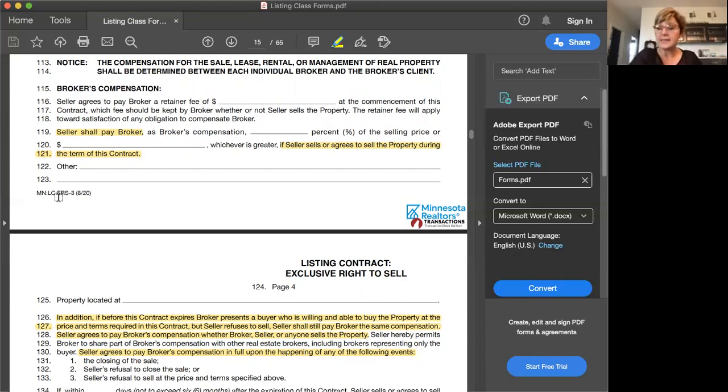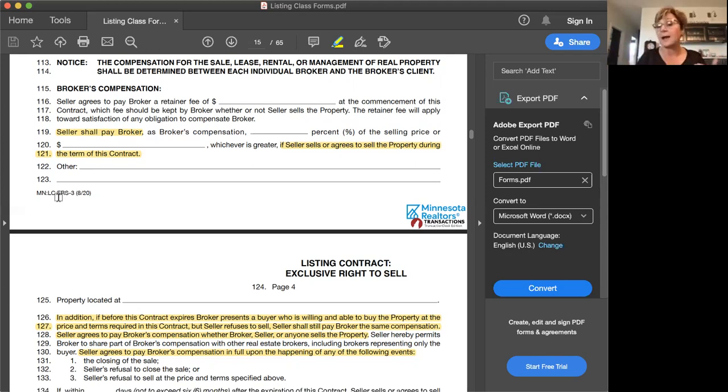And I could see doing that if you have a really unique property, or a property that might take a really long time, or might require additional expenditures from a marketing standpoint, maybe a real high-end property or a commercial property. That might be an instance where you might want to collect a retainer fee up front, so that covers some of your expenses.